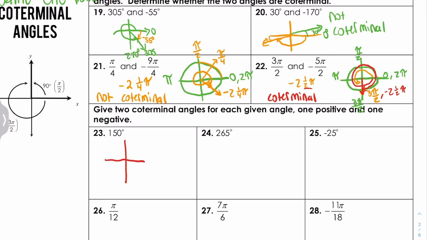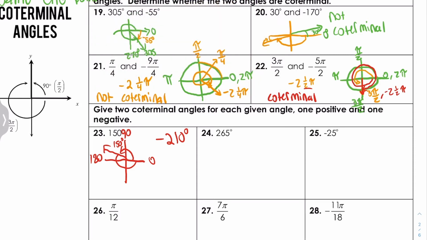Imagine where it is, or draw where it is. 150 degrees, 0, 90, 180. 150 is around here. 150 degrees in the positive direction would be the same thing as negative 180 plus an extra 30. So it would be the same thing as negative 210 degrees.